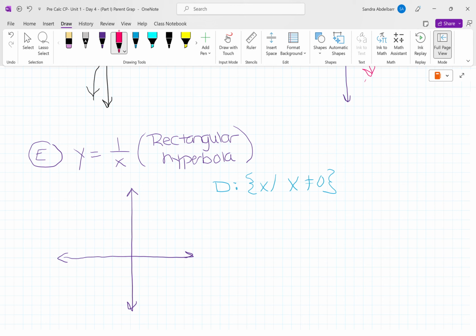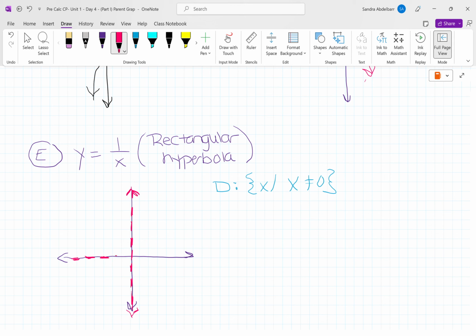So this creates an asymptote at x equals 0. So here we have x equals 0. And in a rectangular hyperbola, there's another in the parent graph.